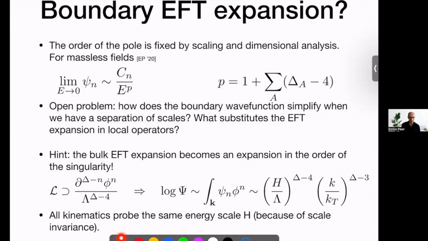First of all, in effective field theory, we think of expanding an unknown complicated object that depends on UV physics in terms of low energy local operators. So what happens to that expansion? Clearly, if we try to describe the bulk of the evolution, the bulk Lagrangian that evolves the universe, we could try to make such an effective field theory expansion.